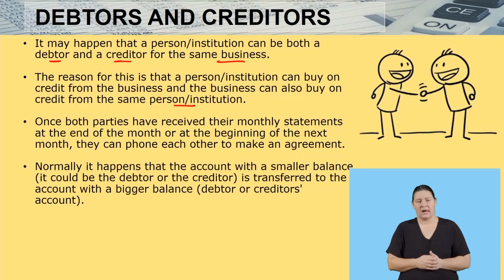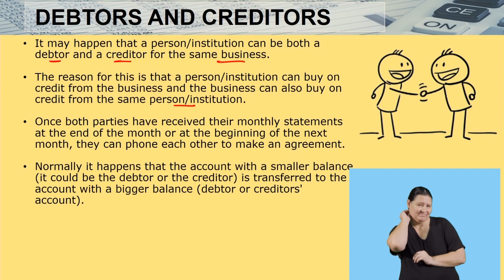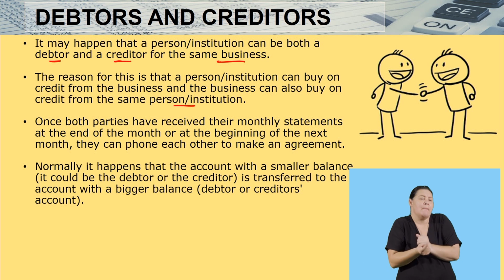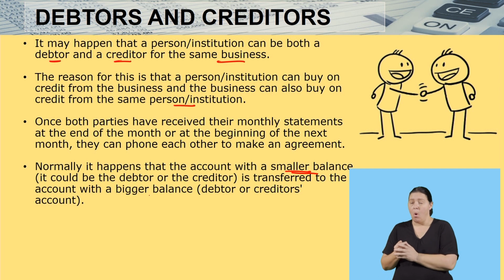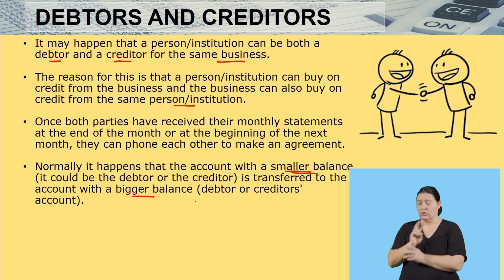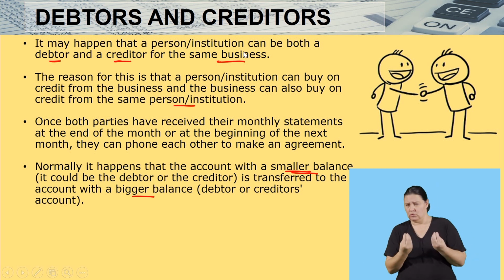It is very important to note that it normally happens that the account with a smaller balance, that is the key part, the account with a smaller balance, whether it is a debtor or a creditor, is transferred to the account with a bigger balance. You will see when I do the figures together with you in this class.